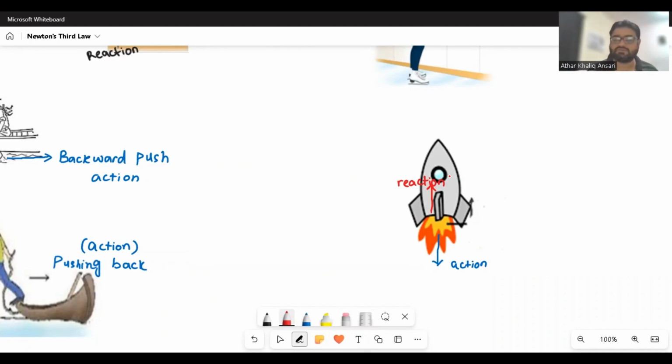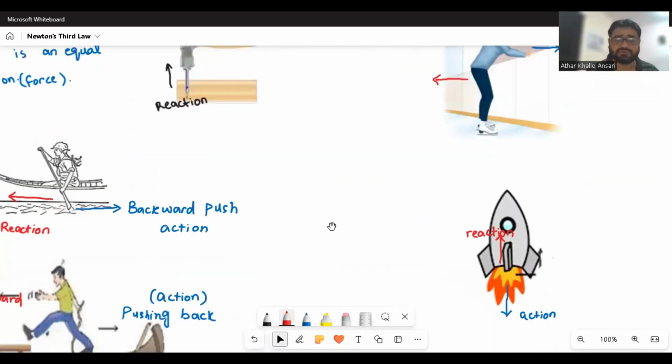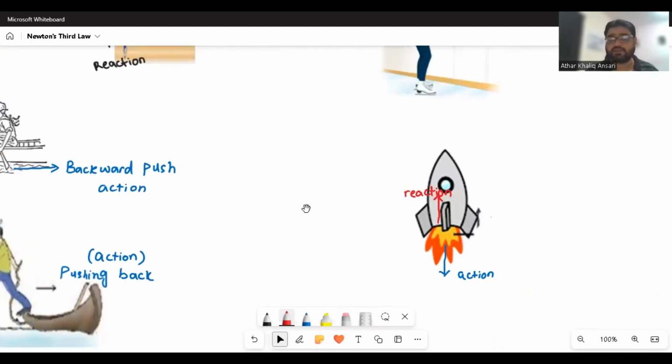So these are the simple examples of Newton's third law. Now, what we found from Newton's third law is very important. From Newton's third law, we found three important things. Number one is that to every action there is a reaction. So we can say action is a force that has a reaction that is also a force.